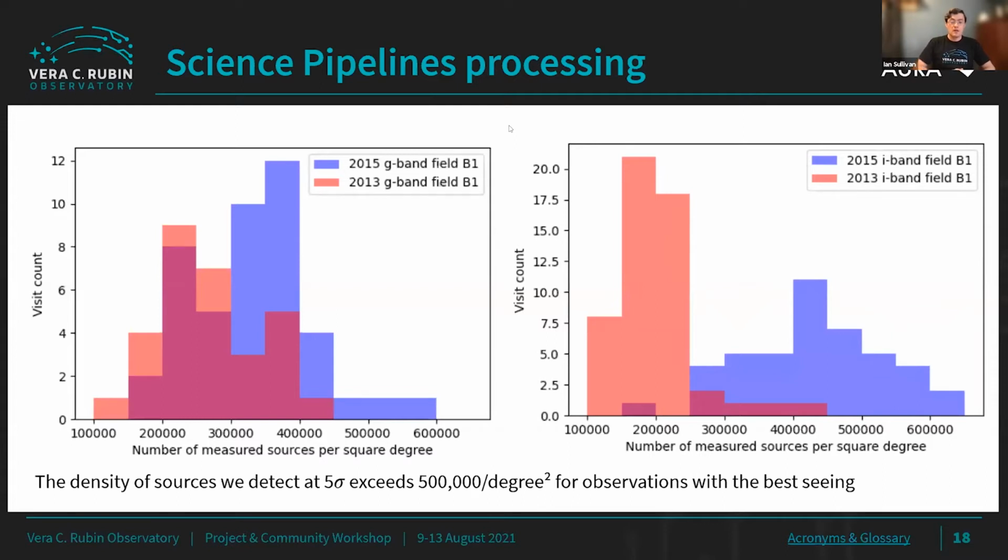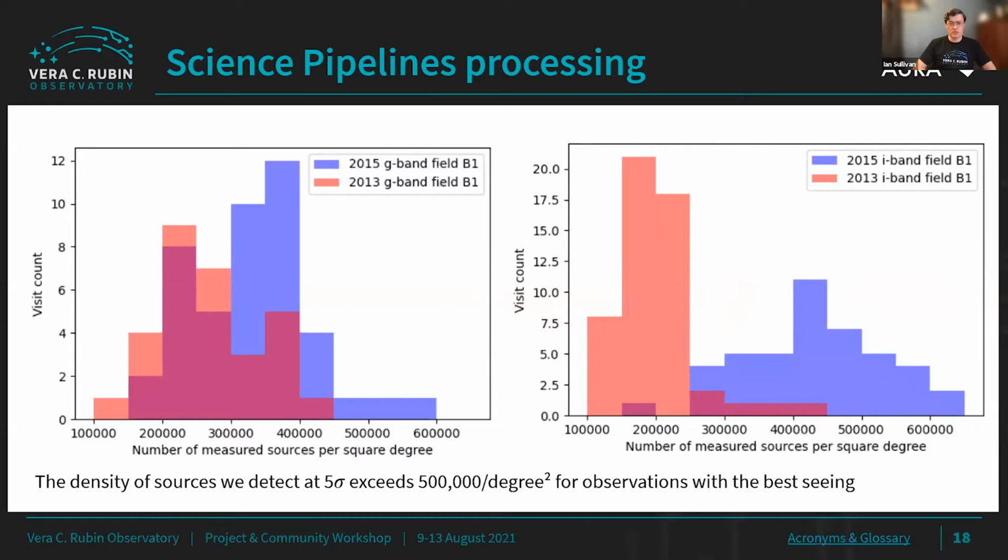So these shown here are a histogram of the density of sources that we detected at 5 sigma within each of the observations for this field B1. On the left, g band, and on the right, i band. Overlapping in the histograms are the 2015 and 2013 data.